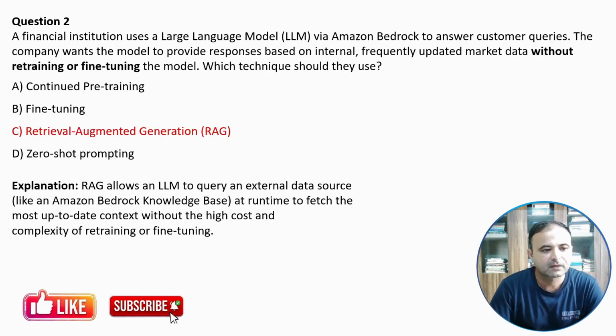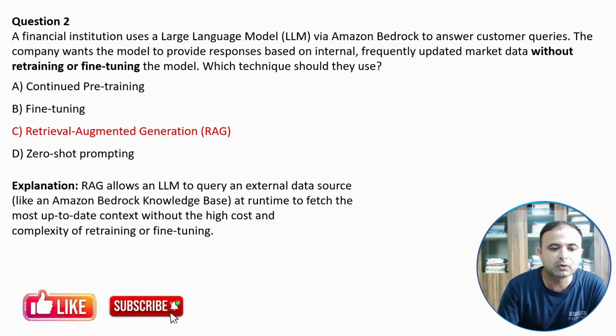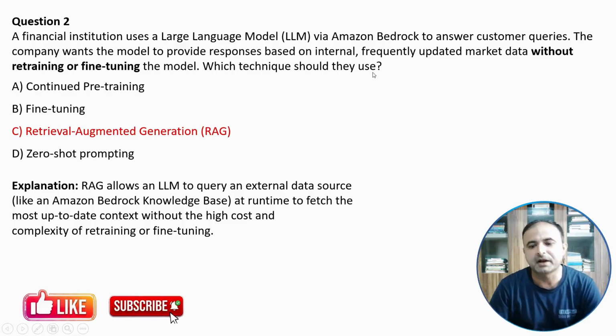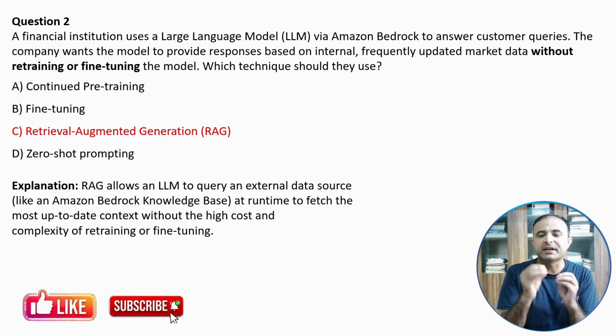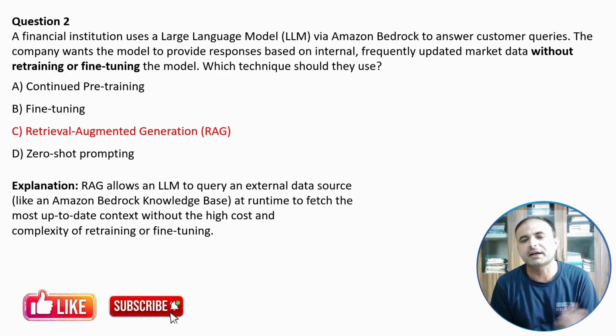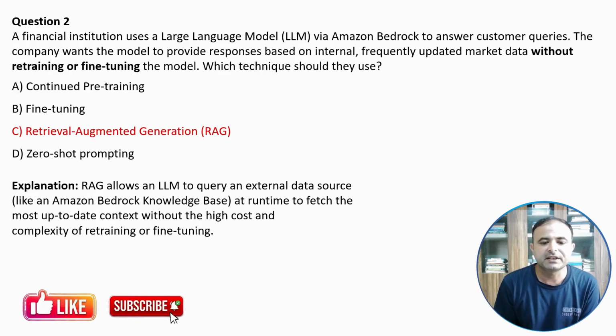Next question. A financial institution uses a large language model, LLM, via Amazon Bedrock to answer customer queries. The company wants the model to provide responses based on internal, frequently updated market data without retraining or fine-tuning. We do not want to retrain on the complete data because it will take time. So which technique should they use?